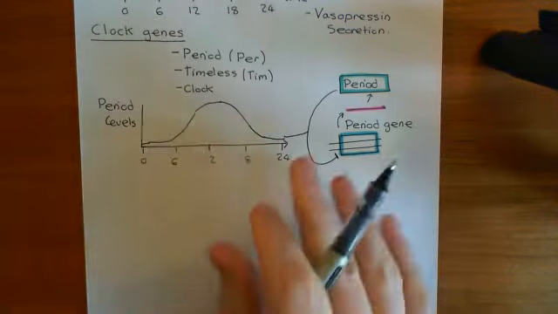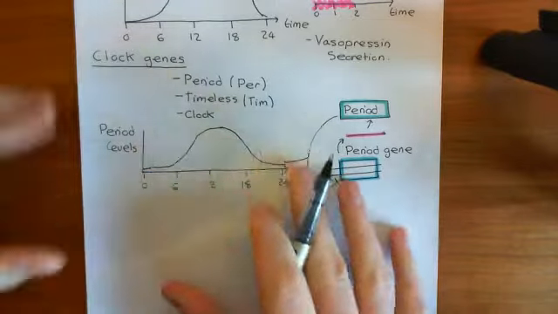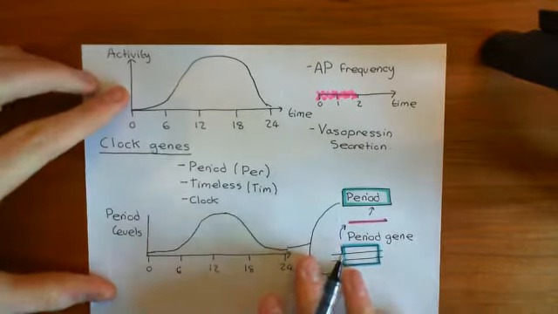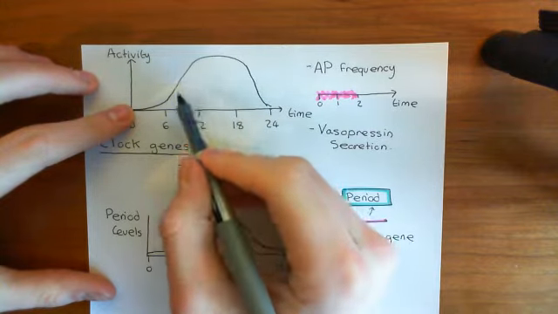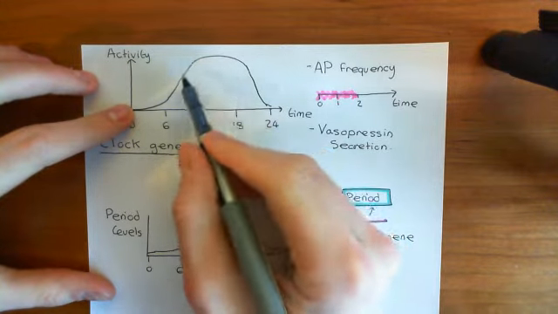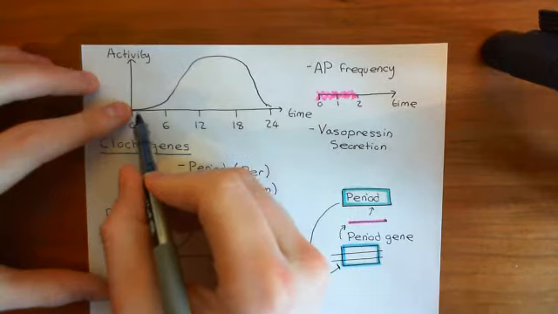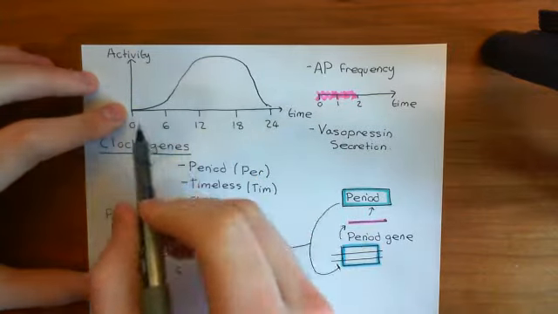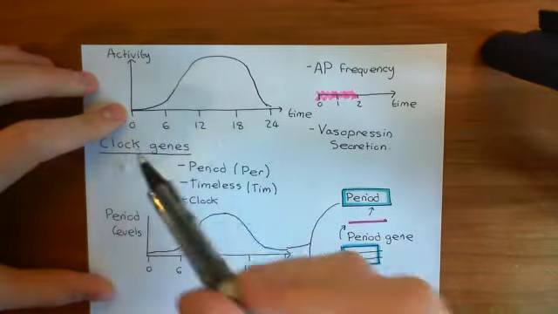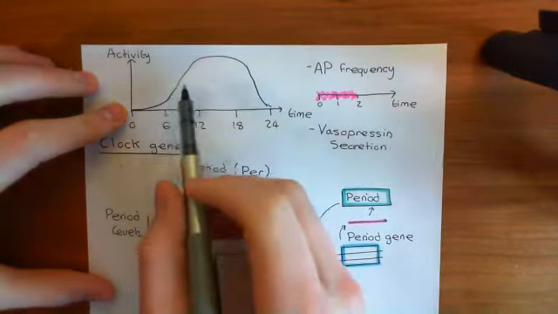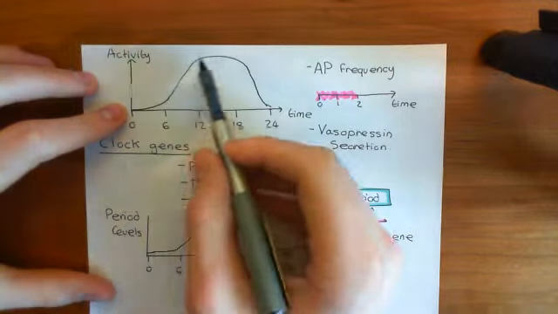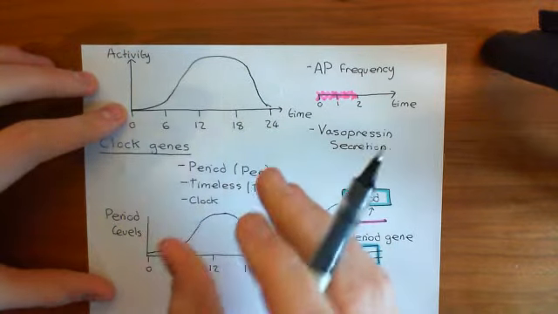But we want this peak in the activity of the suprachiasmatic nuclei neurons to be during day time. We don't want it to be in the middle of the night. So the question we have is, why is this clock kept in synchrony with the day-night clock? How do we keep this clock nicely synchronous to the day-night clock?